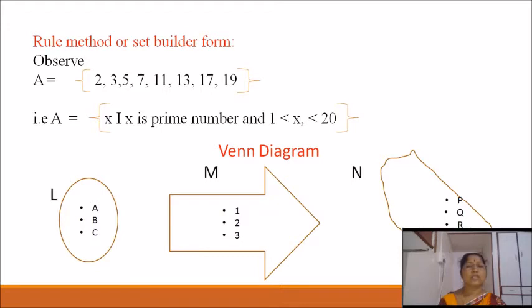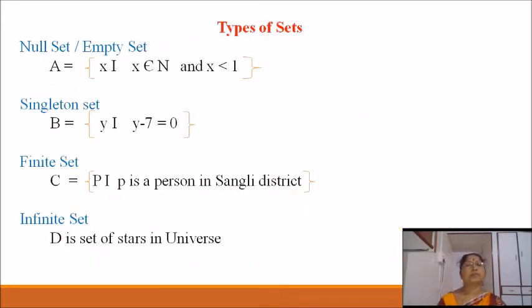Here are the sets L, M, N. In every set there are three elements. In the first set L: A, B, C. In the second set M there are three elements 1, 2, 3, and in the third set N there are three elements P, Q and R.